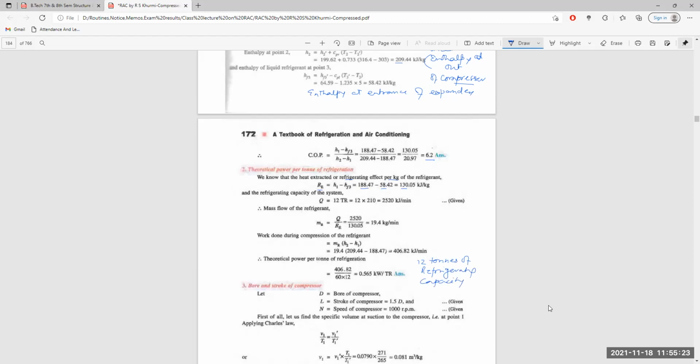So the theoretical power required per ton of refrigeration is given by 406.82 divided by 60, which is kilojoule per second, divided by 12 to get the power required per ton of refrigeration. The theoretical power required per ton is 0.565 kilowatt per ton. Now, what will be the bore and stroke of the compressor itself?